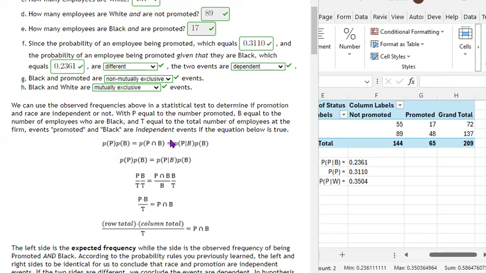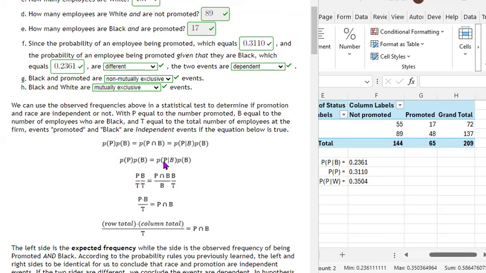This equal sign here is from the definition of the probability of a promotion given black. So what I'm doing here is getting rid of the center term. Again, this assumes independence. Now, the probability of promoted is just the number promoted divided by the overall total. The probability of black is the number of black employees divided by the overall total.